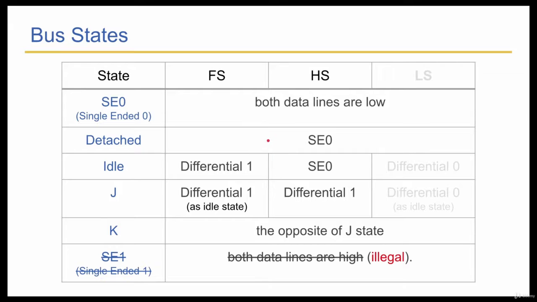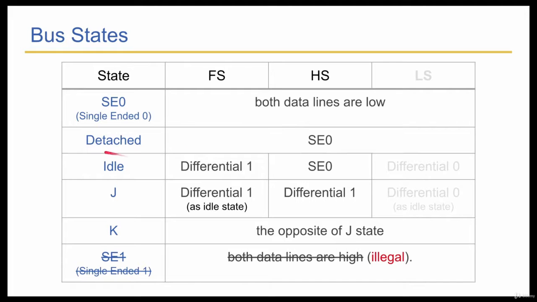That means if no USB device is connected to this specific USB port, both data lines will stay pulled down, and therefore the detached state is the same as the SE0 state, so both data lines are low or pulled down.